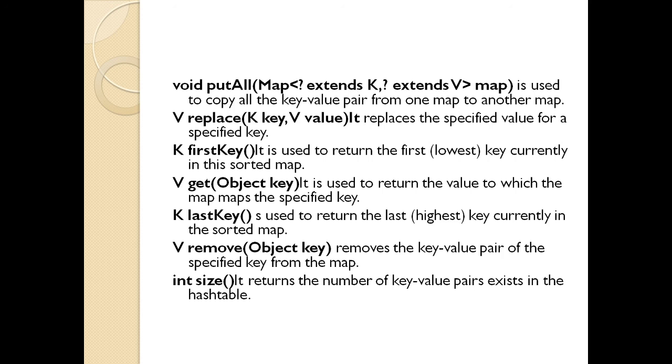I pass the object key to get. It is used to return the value to which the map maps the specified key. The K lastKey method is used to return the last key, that is the highest key which is stored in the map. I pass the parameter object key to remove. It removes the key-value pair of the specified key from the map. And if I want to know the number of key-value pairs which exist in the map, I have the method called int size. It will return me the size of my map.